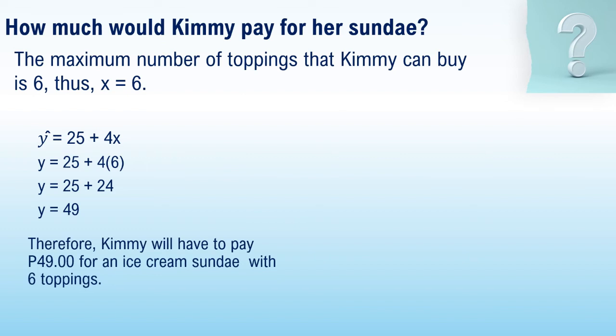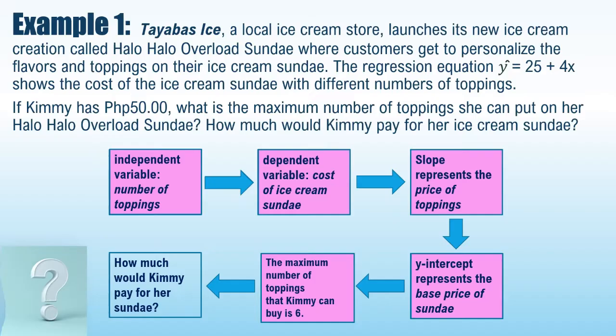Therefore, Kimi will have to pay 49 pesos for an ice cream sundae with 6 toppings. Going back to our question, how much would Kimi pay for her sundae? Assuming that she will put the maximum number of toppings, Kimi will have to pay 49 pesos for her sundae.